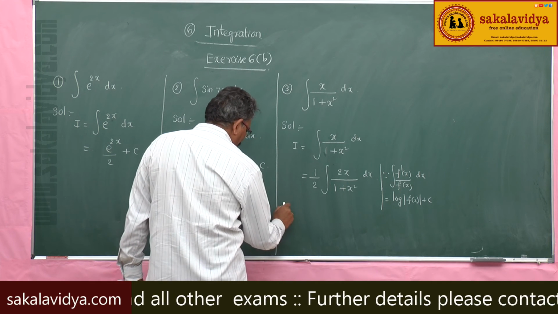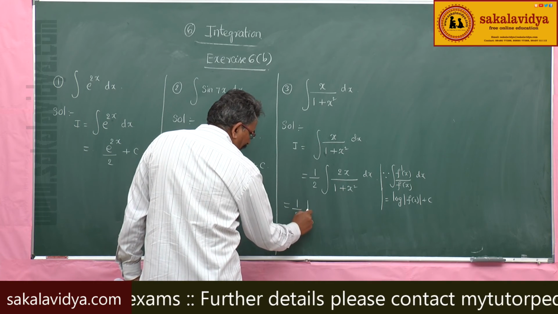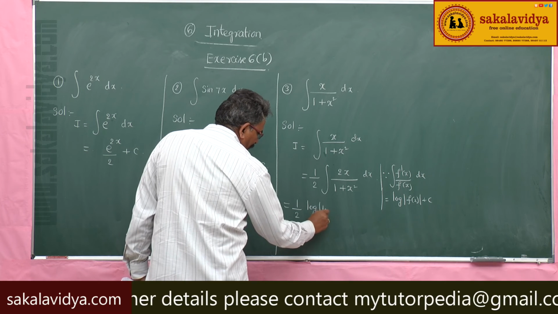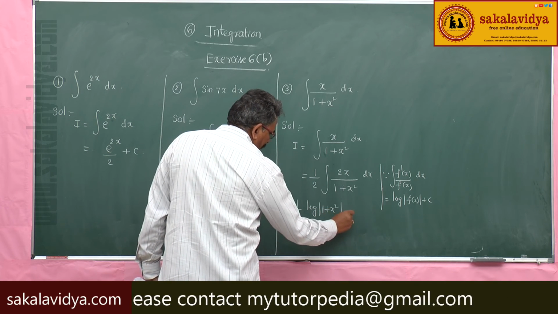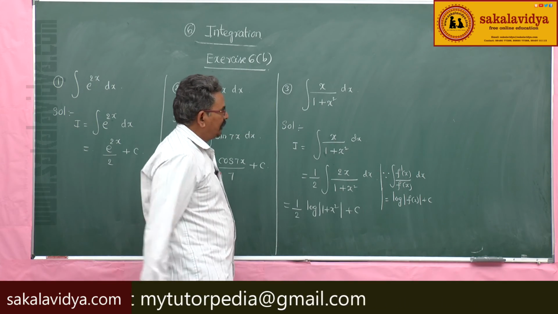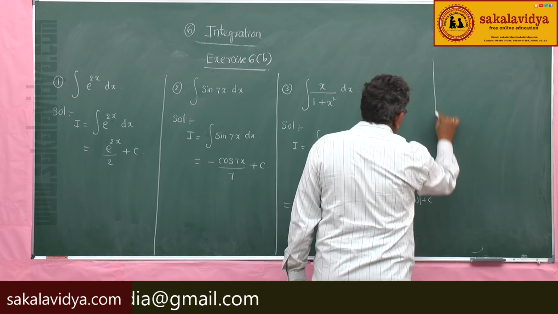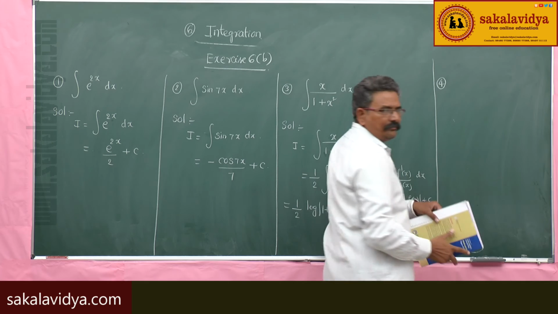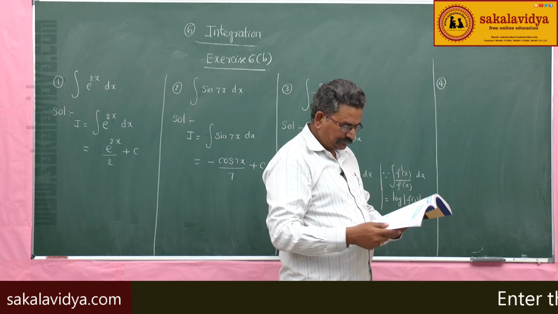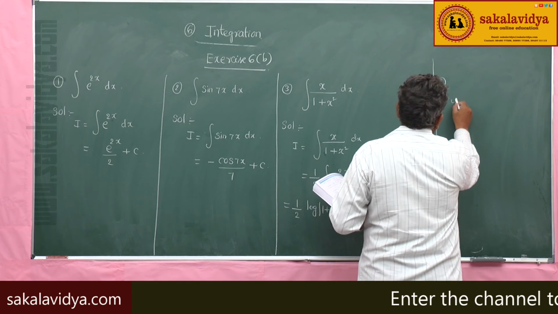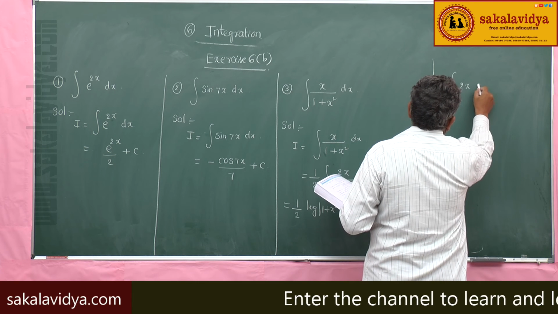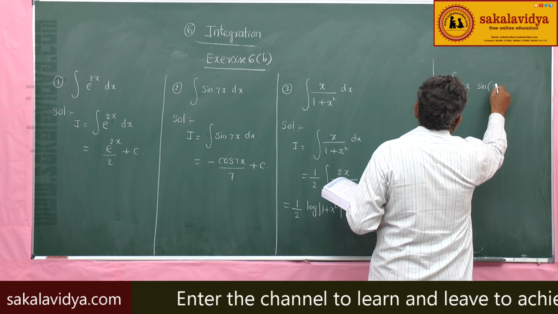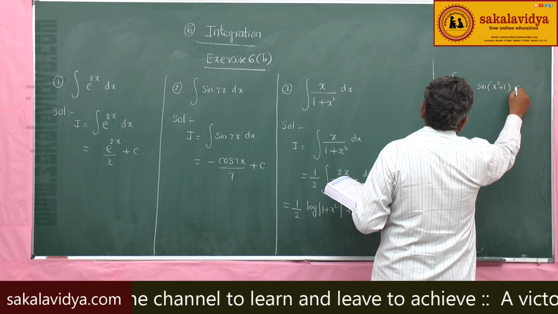So, this is nothing but log mod 1 plus x square plus constant of integration. This is the third problem. So, let us go to the fourth problem. What is the fourth problem? That is the integral of 2x sin of x square plus 1 dx.